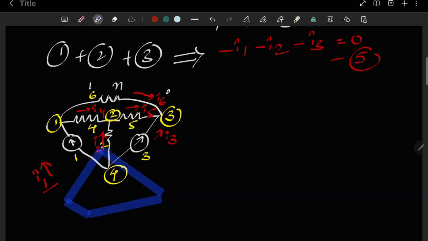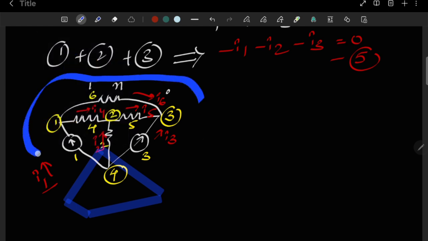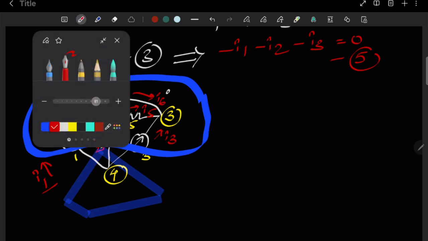This is one surface which involves node 4, and I am taking another surface which involves the remaining 3 nodes. What can we say from this?